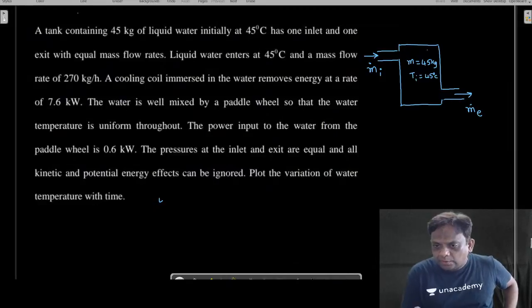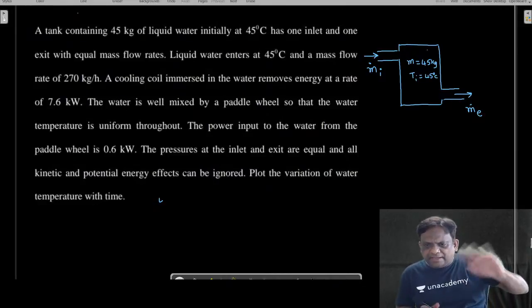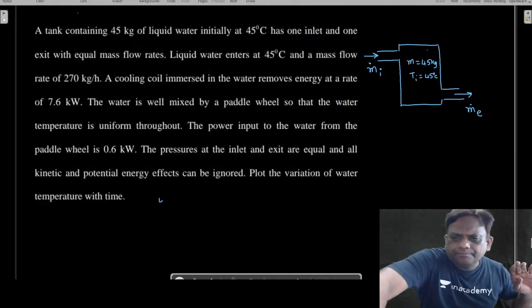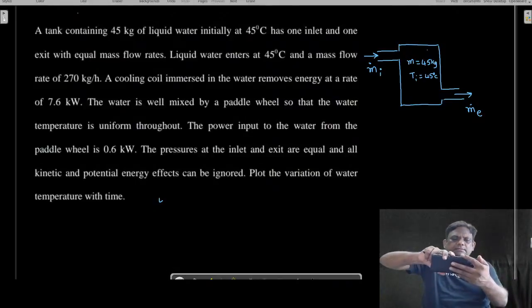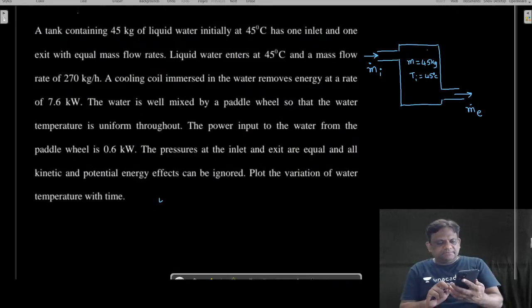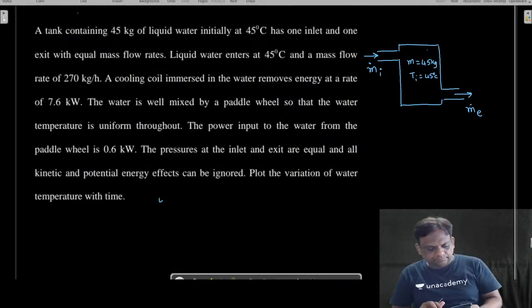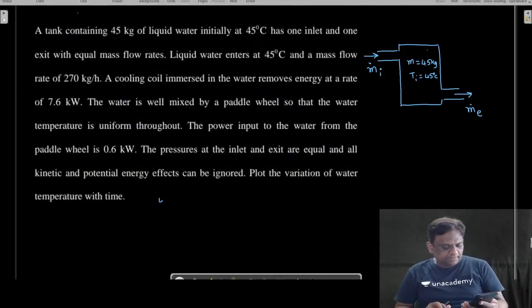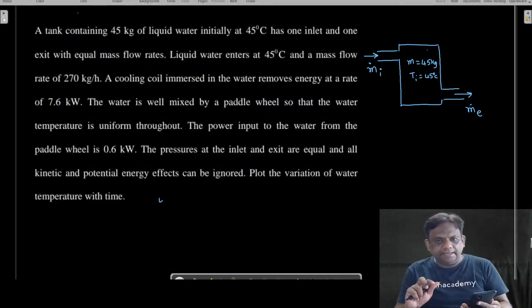Now, is everything fine? Can you see clearly?